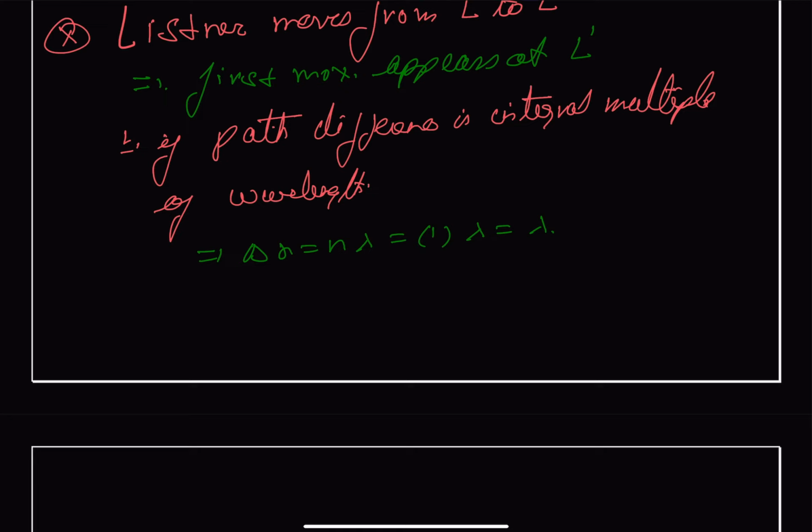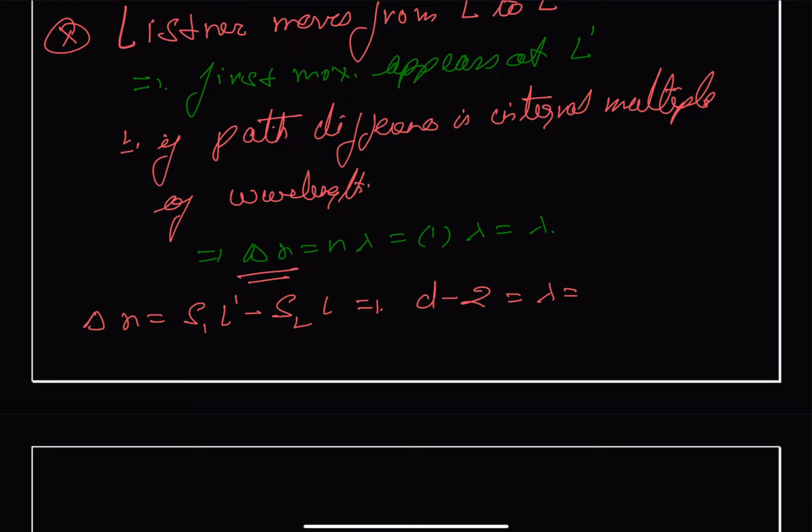And the path difference, delta x, is equal to S1L prime minus S2L, and delta x is equal to lambda. S1L prime is our D, so D minus 2 will be equal to lambda.